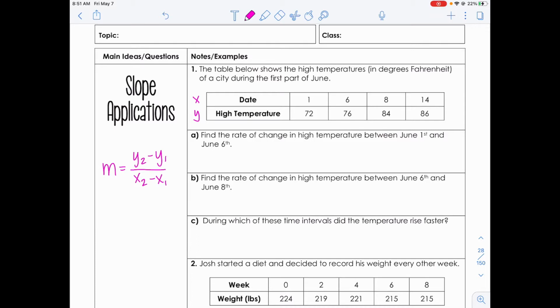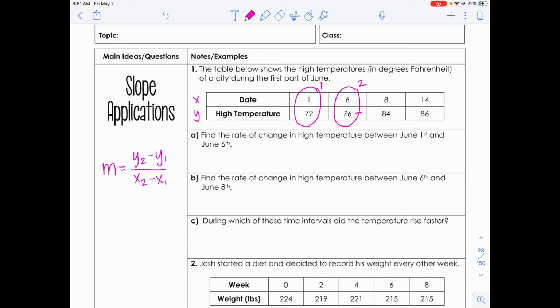So for A, it says find the rate of change in high temperatures between June 1st and June 6th. So June 1st would be this set of ordered pairs, and June 6th would be this set of ordered pairs. Just for simplicity's sake, I'm going to say these are my 1s and these are my 2s. Now we're going to use our slope formula. So our slope formula is Y2.